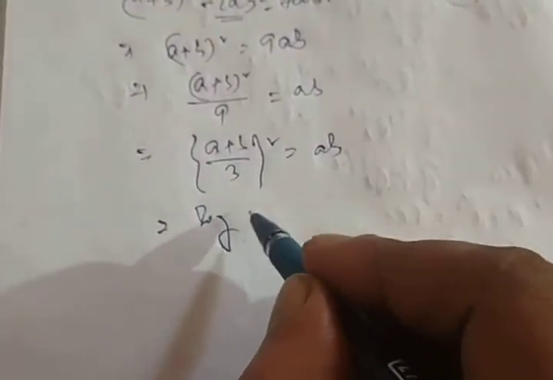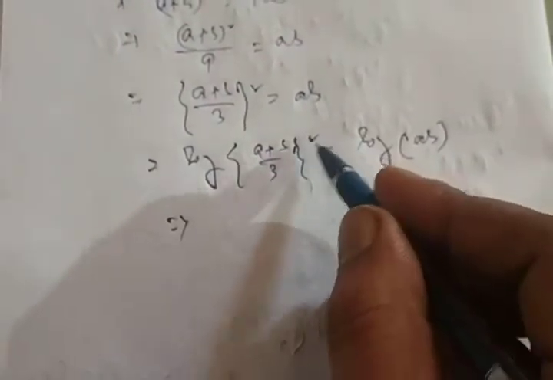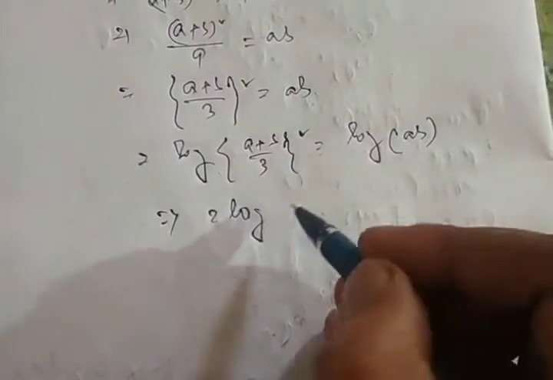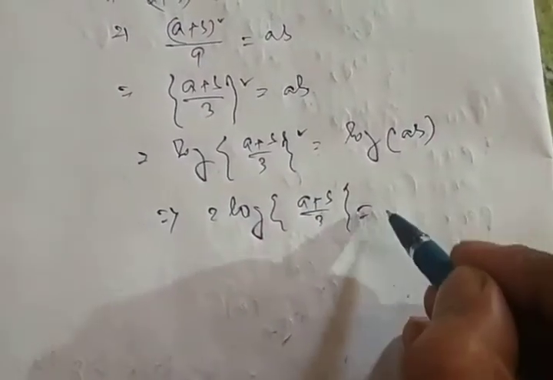Now taking log on both sides, we get log of a plus b by 3 whole square equals log of ab. By taking out the power 2, we get 2 log of a plus b by 3 equals, taking the formula of multiplication, log of a plus log of b.